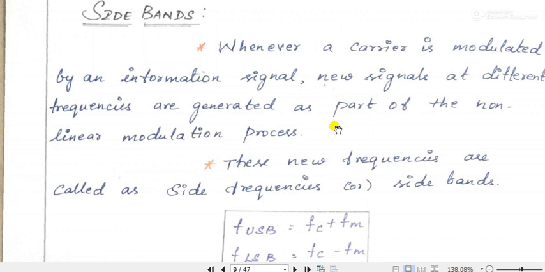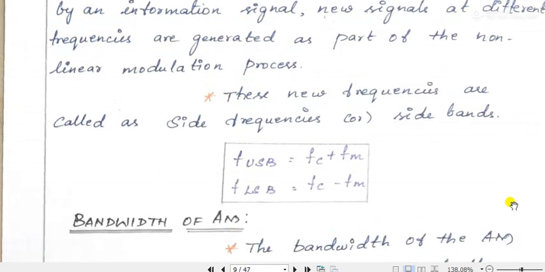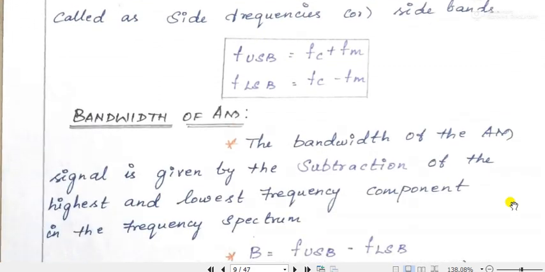These new frequencies are called side frequencies or sidebands. The upper sideband frequency is equal to Fc plus Fm. From the frequency spectrum we can understand that the LSB, the lower sideband, has frequency Fc minus Fm.